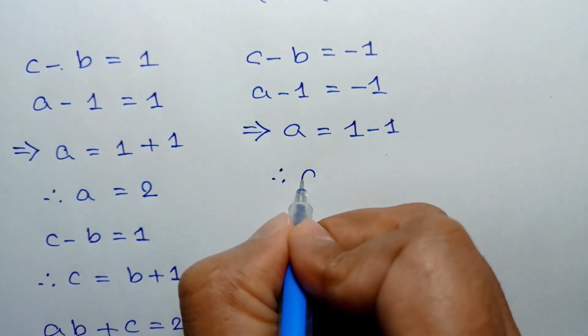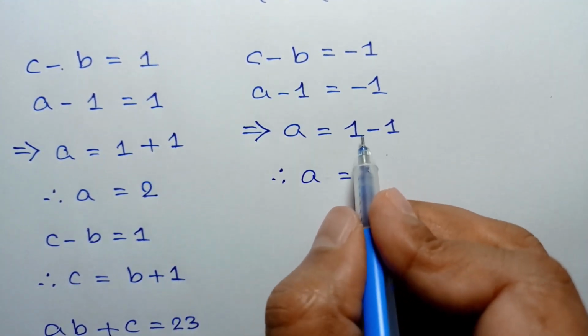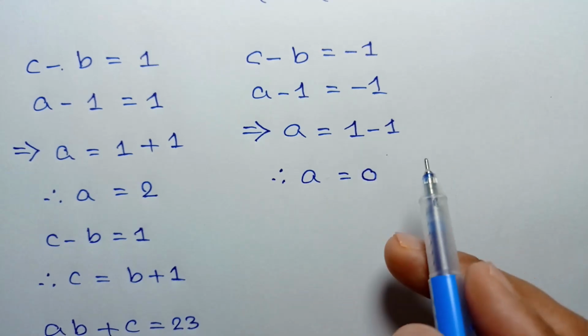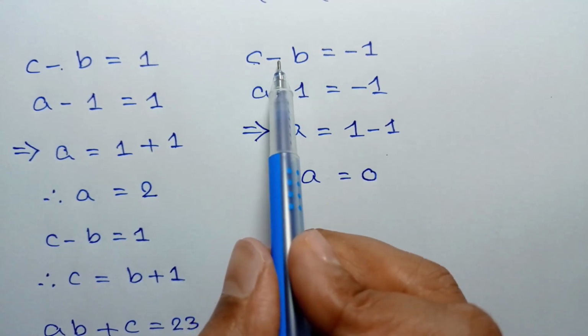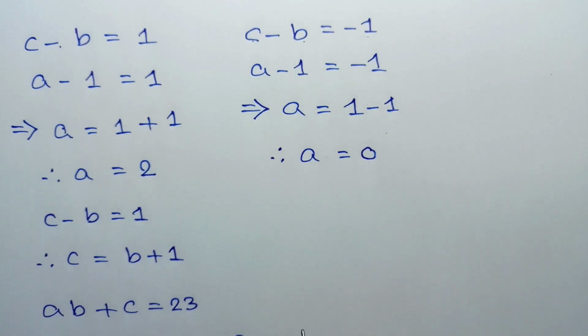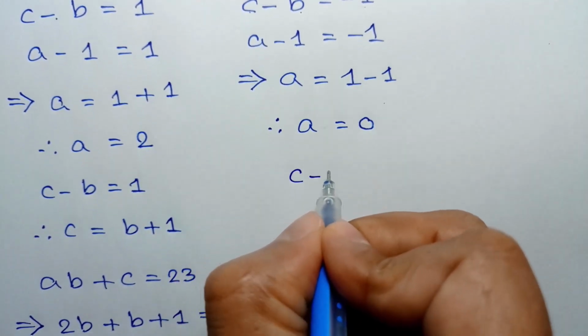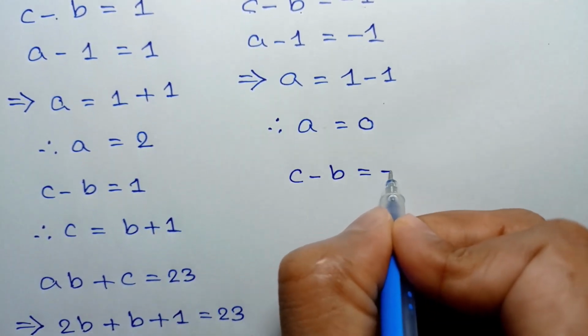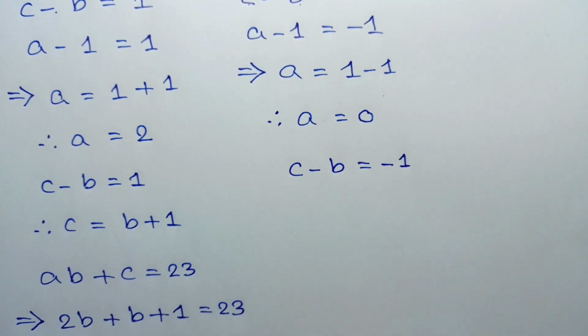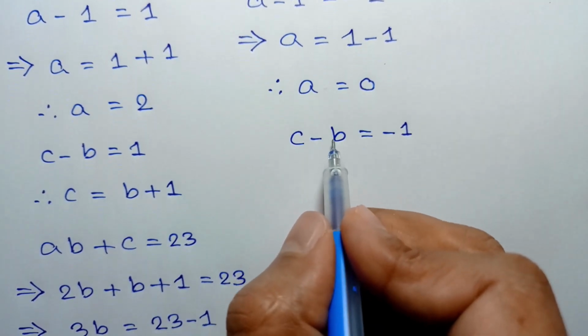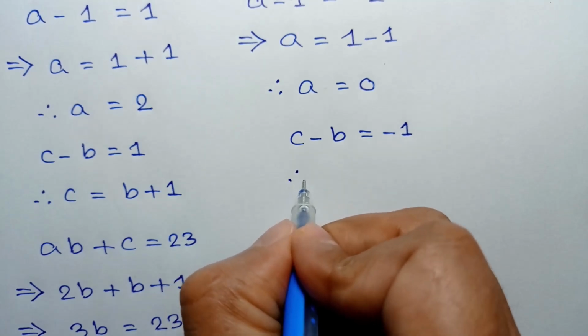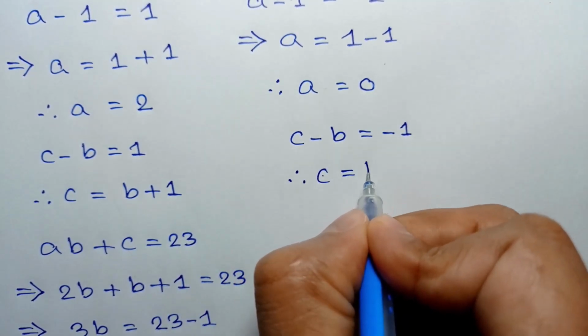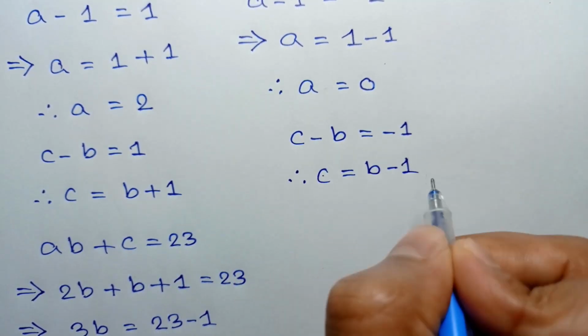So the value of A is 0. And from C minus B is equal to negative 1, taking this negative B to the right side, we will have C is equal to B minus 1.